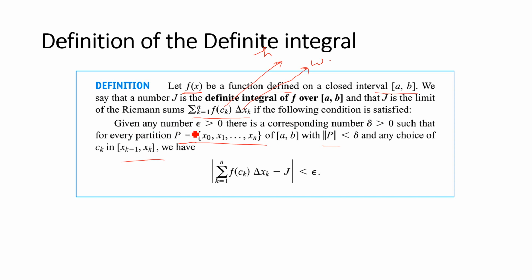Given any number epsilon greater than 0, there is a corresponding number delta greater than 0, such that for every partition of the closed interval [a, b] with norm of P less than delta, and any choice of c_k in the kth subinterval [x_{k-1}, x_k]. You are already familiar with this delta and epsilon structure in the concepts of limit.